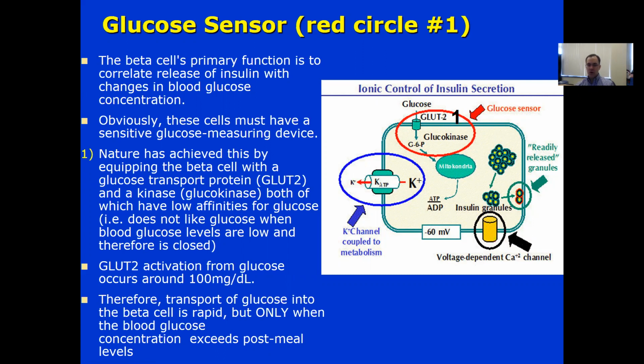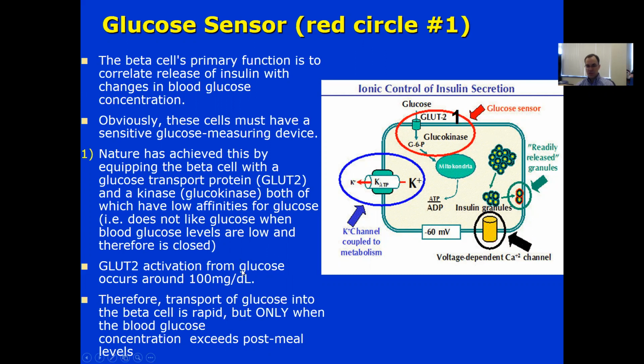So in other words, only when glucose levels rise above 100 milligrams per deciliter in a normal individual, so simply what you would see after a meal, will GLUT2 be activated and turned on. After a meal, your glucose levels rise, and GLUT2 will be activated or opened up to allow glucose to come into the cell.